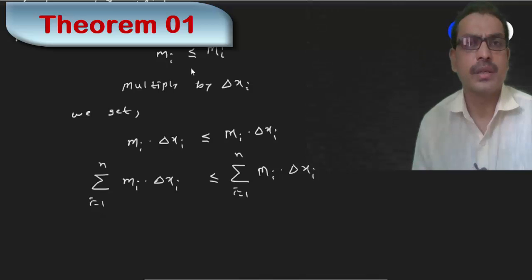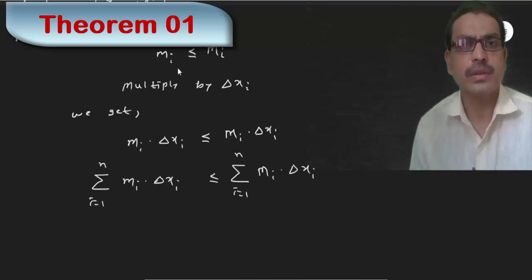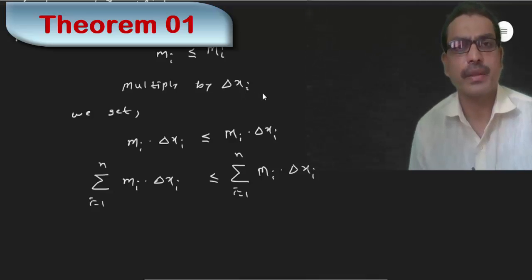Here small mi is the greatest lower bound and capital Mi is the least upper bound. Multiply by the length of the interval, that is delta xi, the length of the ith subinterval. Then we get mi into delta xi is less than or equal to Mi into delta xi.